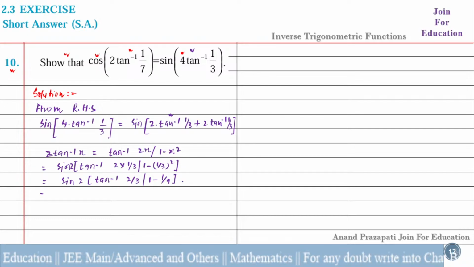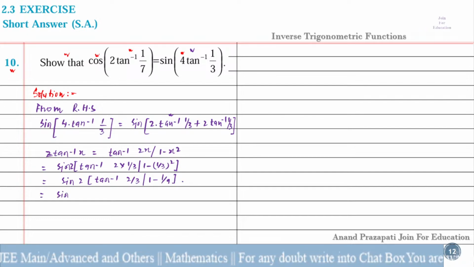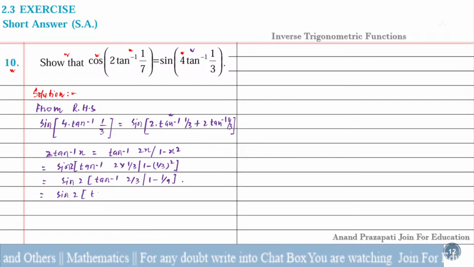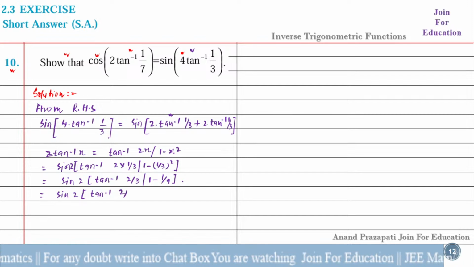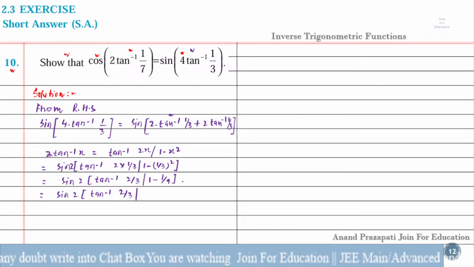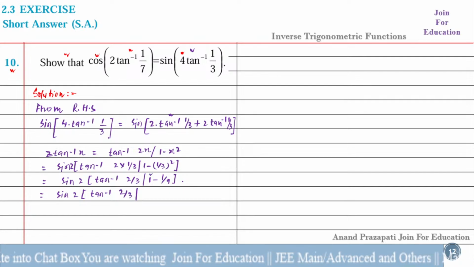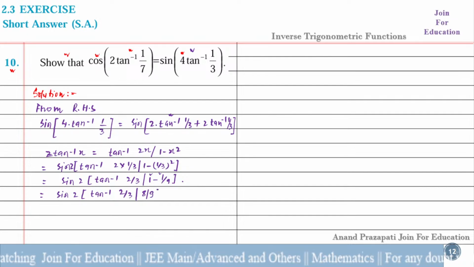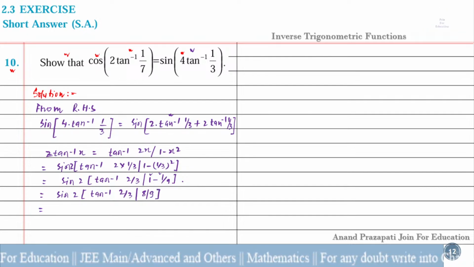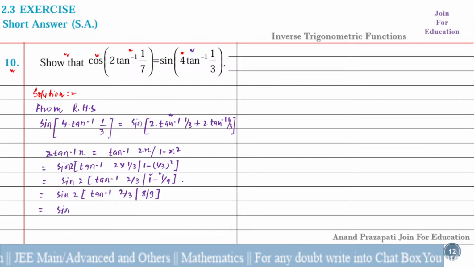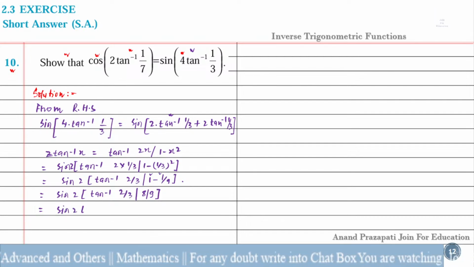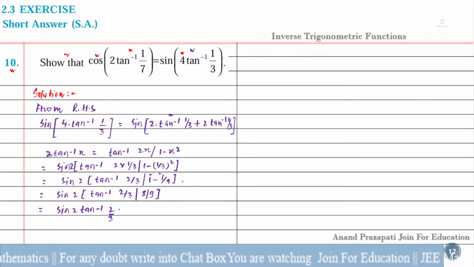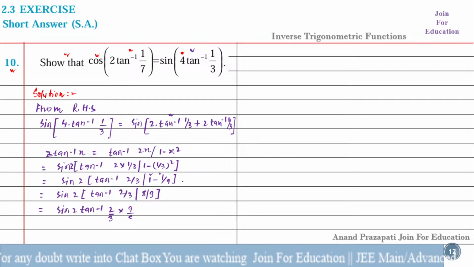So the next step here will be sin 2 tan inverse 2 by 3 by 9 minus 1, 9 minus 1 equal to 8, we write down here 8 by 9. Therefore here will be sin 2 tan inverse 2 by 3 into 9 by 8.